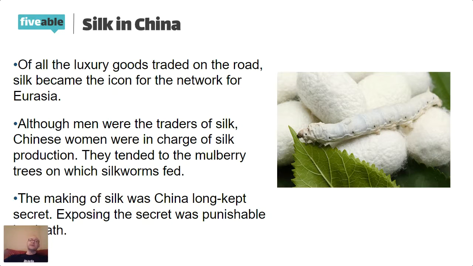Something to remember in the social aspect of China is that women in China during this time start having a role in making silk. They're not selling it. Selling it's for the men because China is largely a patriarchal society.